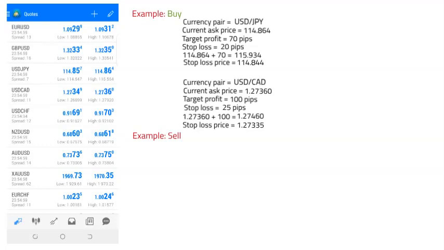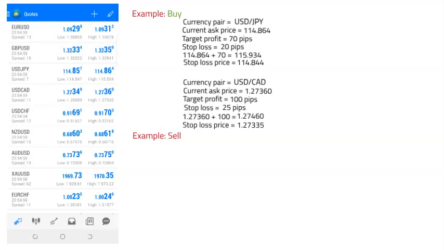If you notice, this is exactly the opposite of what we did while buying. While buying, our stop loss was below the price. Now it's above the price. Let's see another example. Let's say I want to sell currency GGG and HHH, and the price is currently at $100 and I want to take profit of 60 pips.